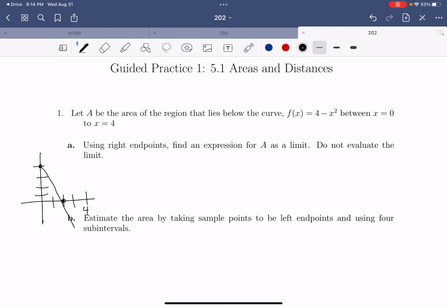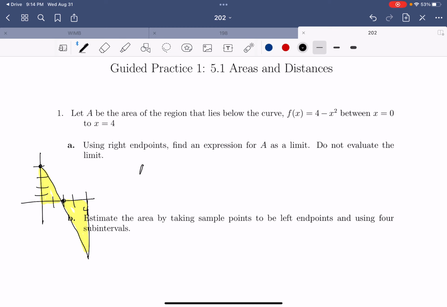And so my curve goes something like that, which means that the area under the curve is actually some positive area and also some negative area, which kind of throws a little bit of a wrench, but doesn't really matter for our concerns. Okay. All right, so using right endpoints, find an expression for A as a limit.